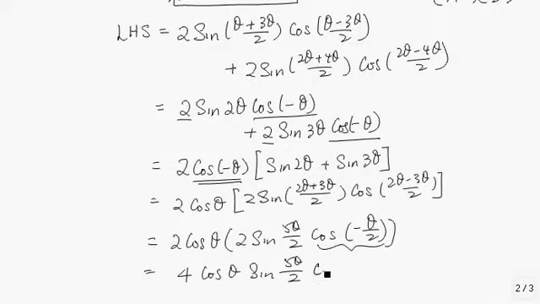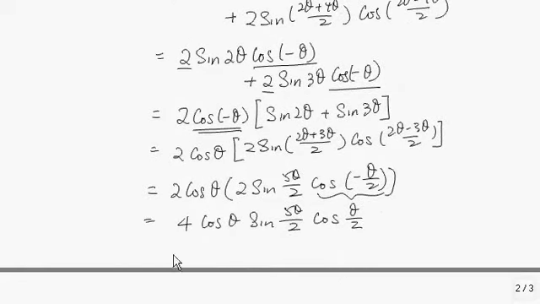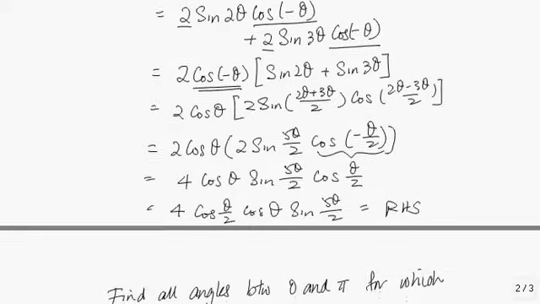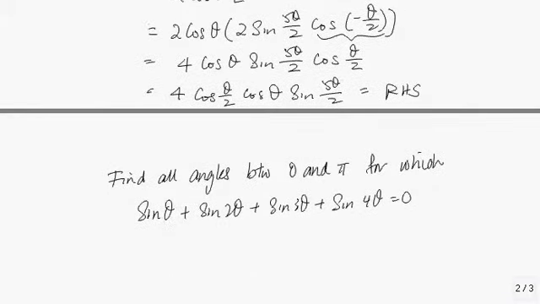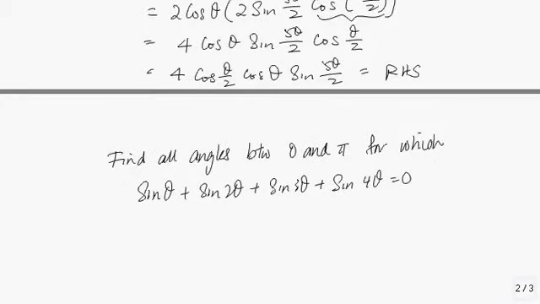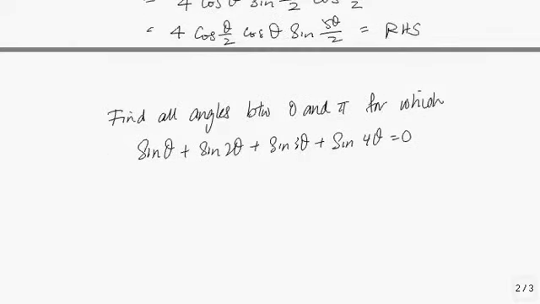Now the second part of the question says you are supposed to find all angles between 0 to 2 pi for this particular expression. Because it is 4 terms, we want to have a product 0. We already used the factor formula, so this is also equal to 4 cosine theta, cosine theta over 2, sine 5 theta over 2 and equals to 0.